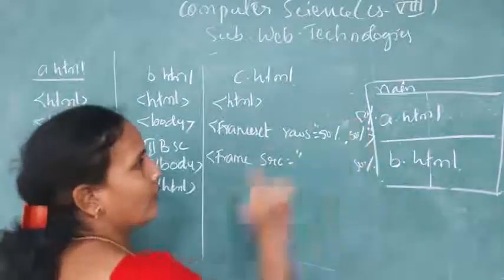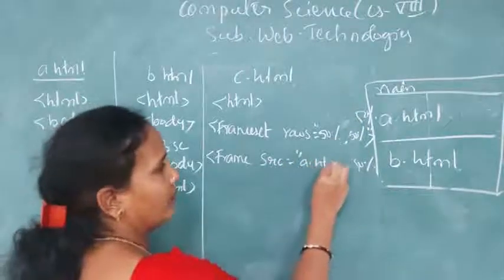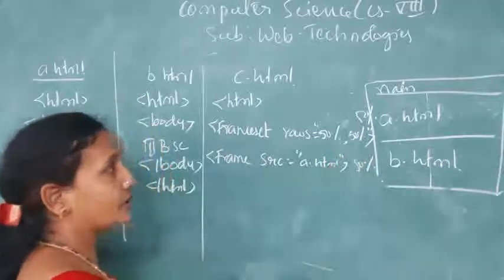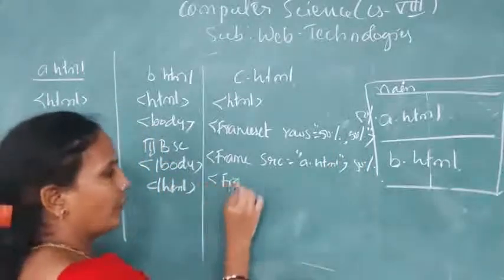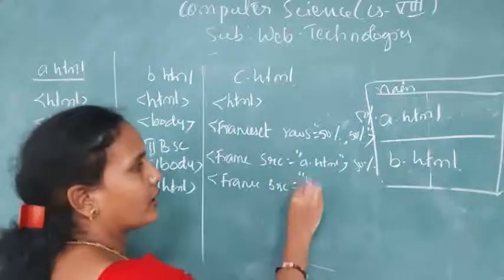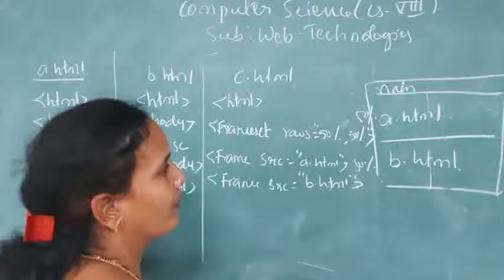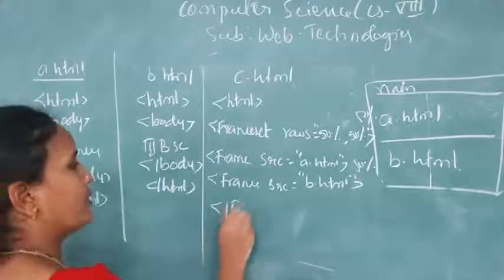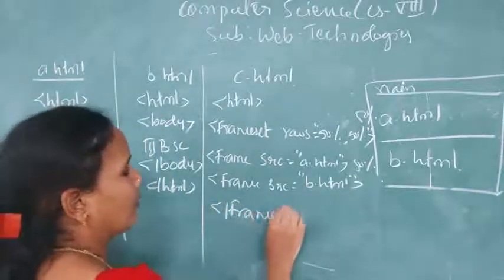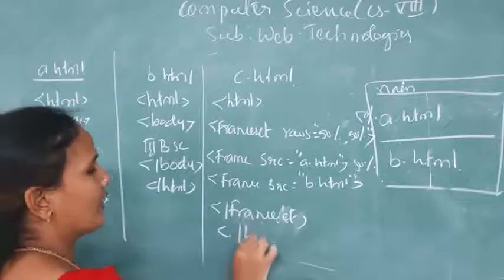In the first window, which file do you want to execute? a.html. Close this. Now the second one is frame src. In the second window, which file do you want to execute? b.html. Over. Now you close the frameset and close the HTML.